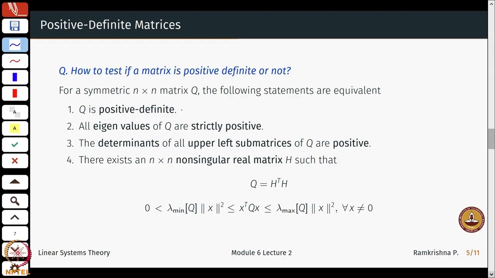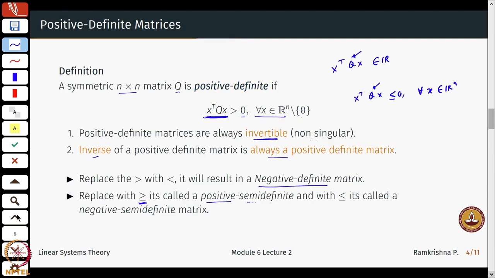So, Q being positive definite is equivalent to saying that all eigenvalues of Q are strictly positive. Here I am also talking of symmetric matrices only, and this should be stressed.